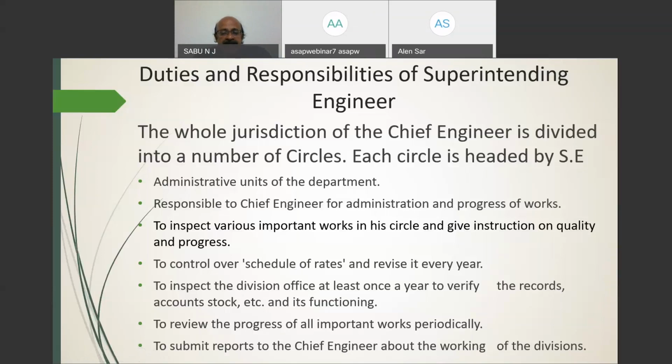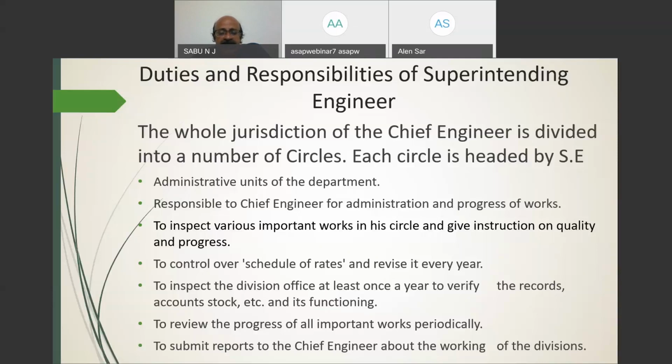During the inspection, he can detect discrepancies in the previous plan and the progress of the work, and he can detect some anomalies, and he can assist the concerned division officers, subdivision officers, and section officers in the works to be performed by them. Suitable corrections or advice can be given to the subordinate staff so that the works can be executed in a smooth manner.